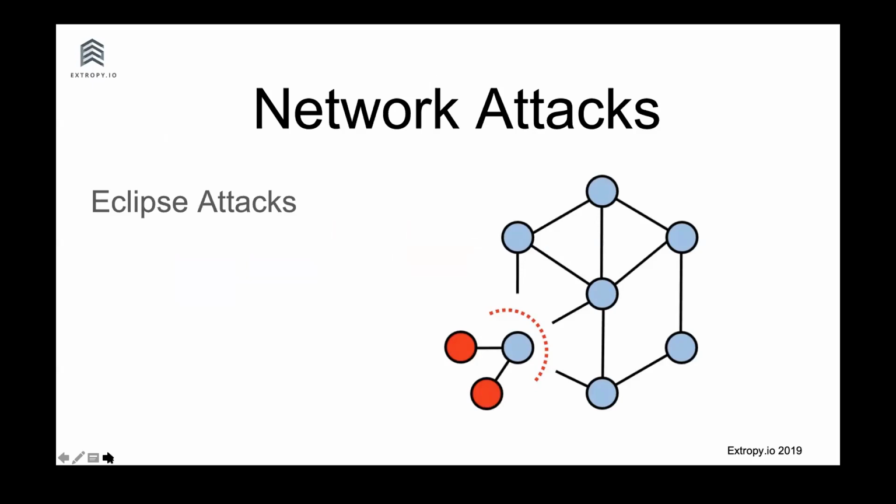So somebody in a shop is using this node to attach to the blockchain to record their transactions and to check balances. And so the malicious people are trying to isolate that node from the network and give it a false view of what is happening in the real network.